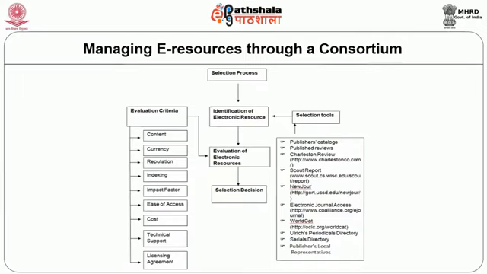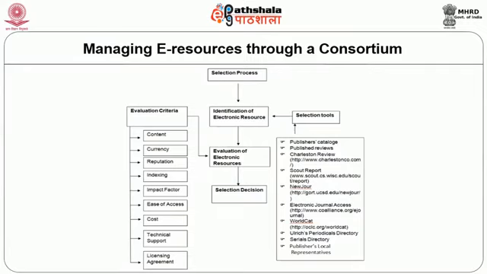The first step is selection and procurement of information resources. Resource selection for consortial purchase requires considerable care, effort, and judicious involvement of the members.